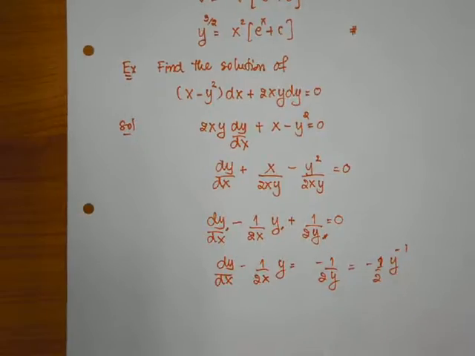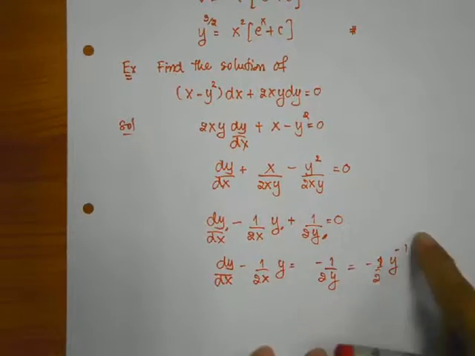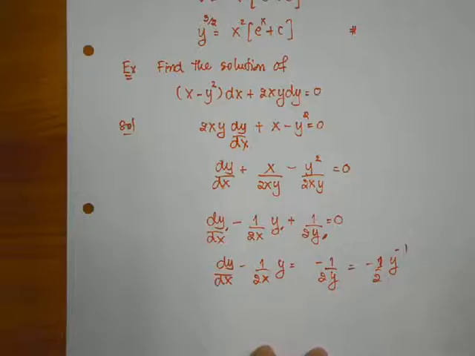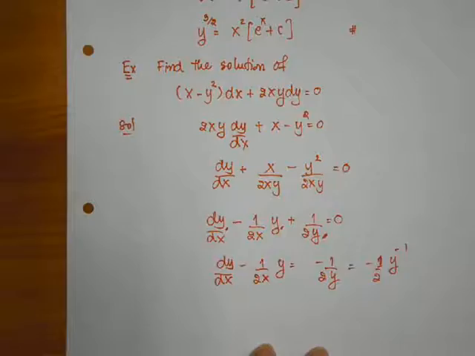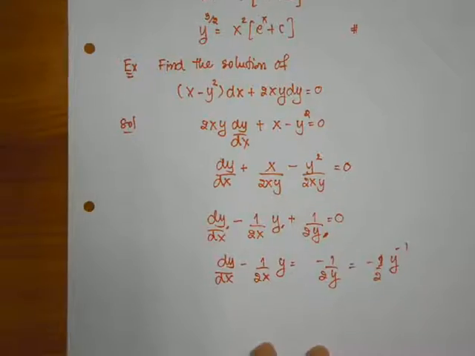If it is a linear equation, the whole function on your right hand side is supposed to be a function of x only. Now it's y, it's not x. So this equation is a Bernoulli equation, with n equal to -1.